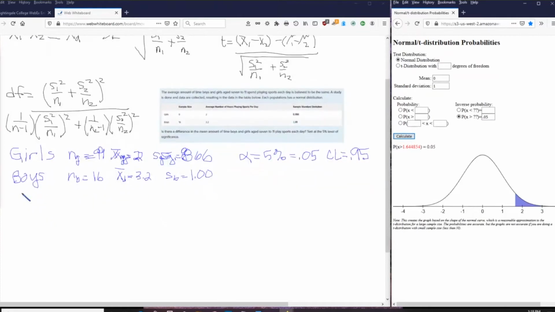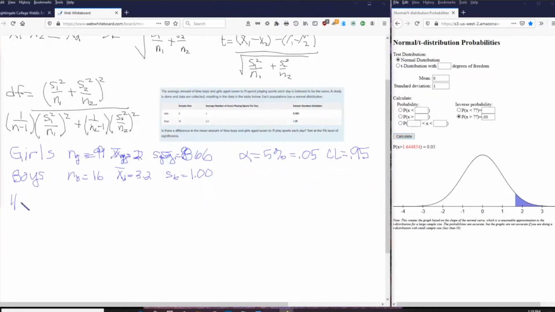Our null hypothesis is going to be, we're going to say that the mean of the girls is going to equal the mean of the boys, which is the same as saying that the mean of the girls minus the mean of the boys is going to equal 0.